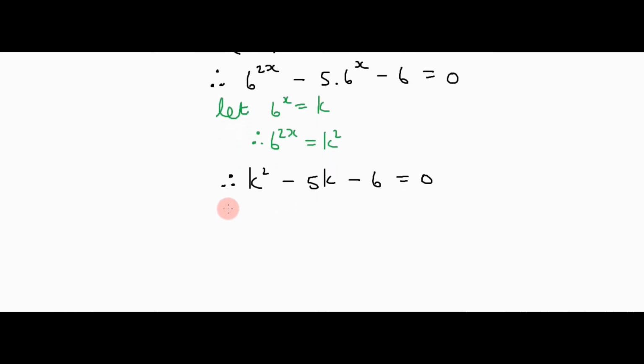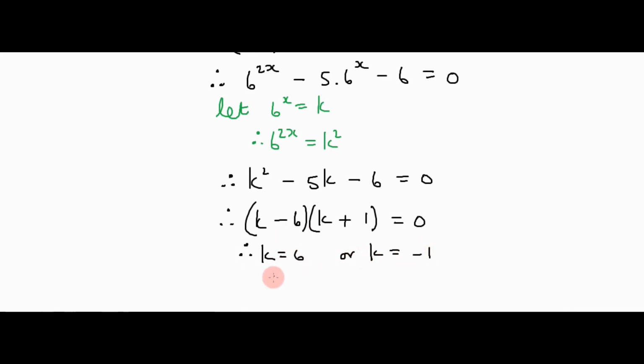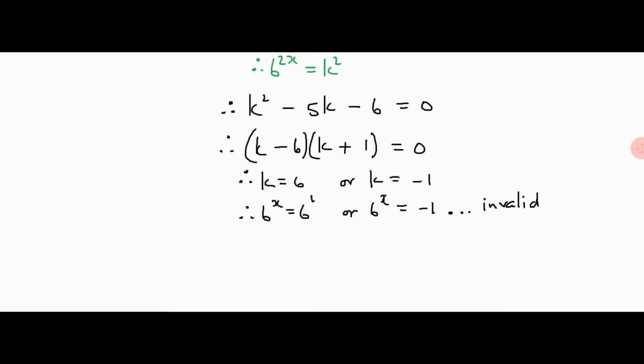And now we can factorize, so we end up with k equal to 6 or k equal to -1. Hence 6 to the x equals 6, and 6 is 6 to the 1, or 6 to the x equals -1. This is invalid. And our final answer then is x equals 1.